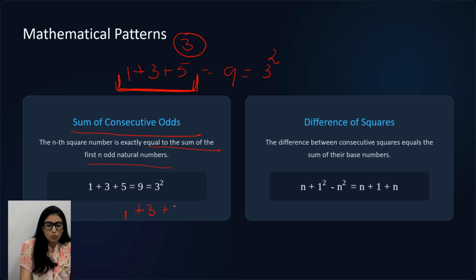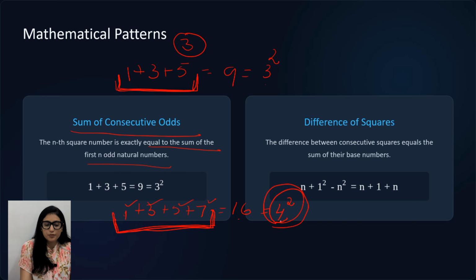If I take 1 plus 3 plus 5 plus 7, then it will be how much? 16. That is 4 square. So, how many odd numbers I have added here? 1, 2, 3 and 4. So, the sum of n consecutive odd numbers will be represented by n square.